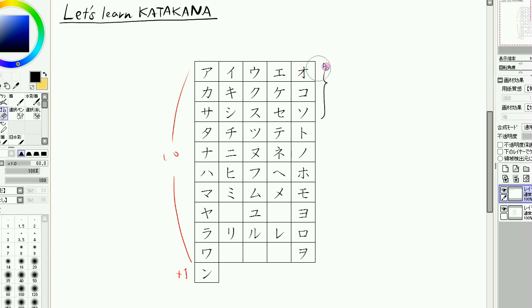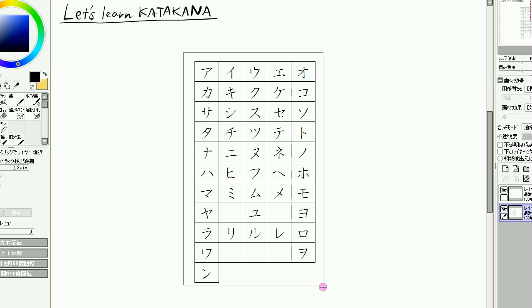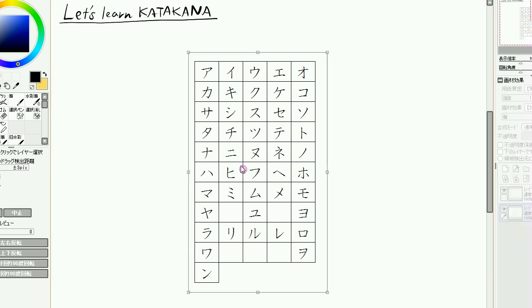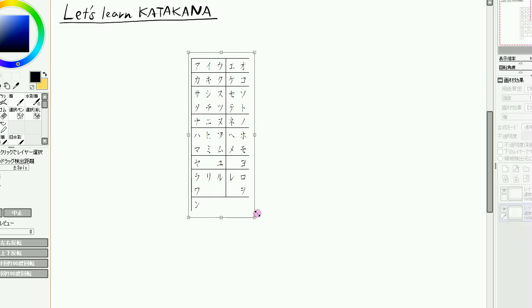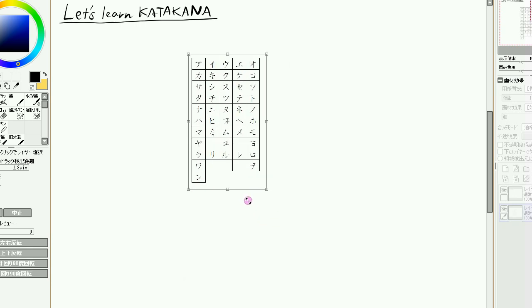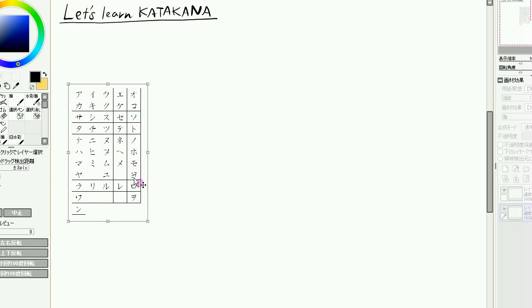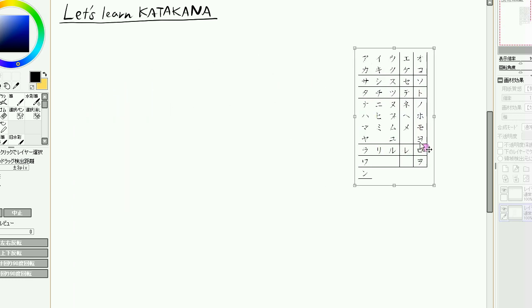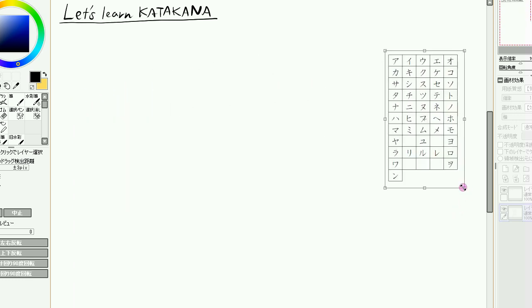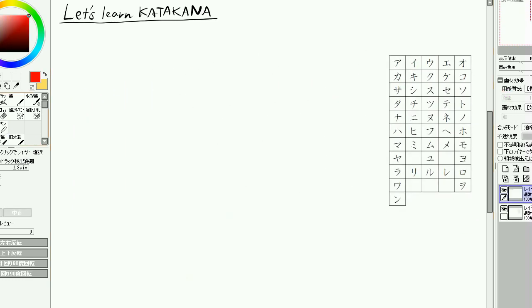Okay? So let me put this table somewhere here. All right. First of all, let's start by the first row.